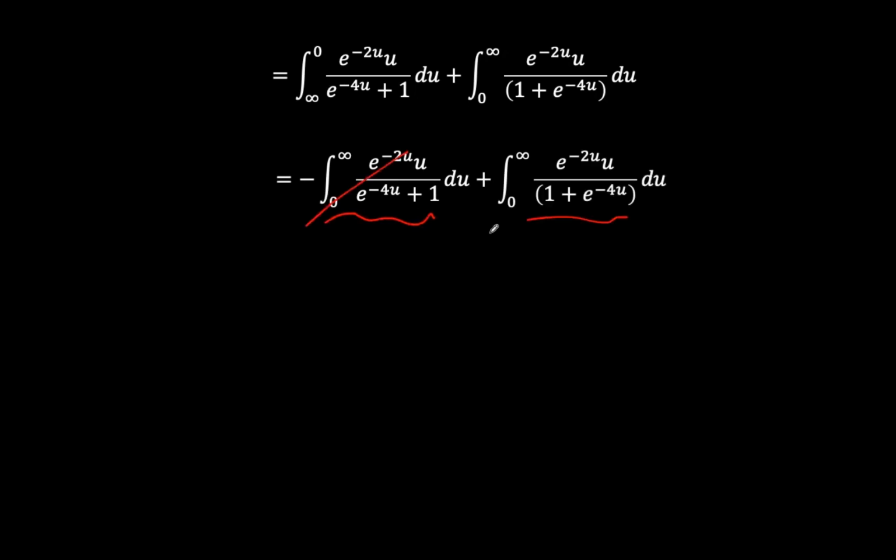So what that means is this and this would cancel out, right? And that means that the answer is 0, right? So that's the answer for this very interesting problem. It looked complicated, but when you play around and manipulate things, you're able to arrive at the answer very easily.